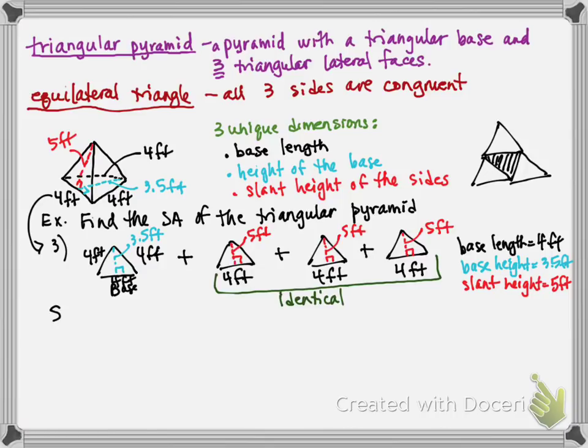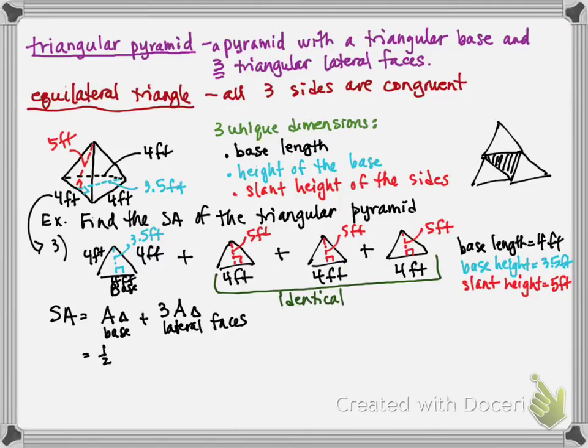So, we've got surface area is going to be the, let's see, maybe write that a little neater. This is your base, and we're going to get 3 areas of triangles that are the lateral faces. Okay, so remember triangles is 1/2 the base times the height.